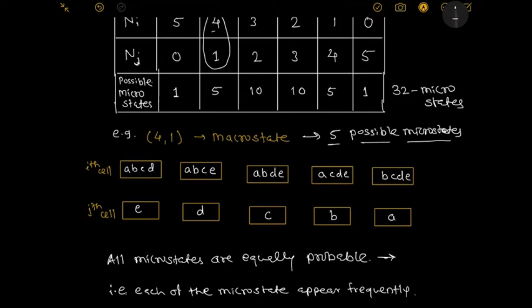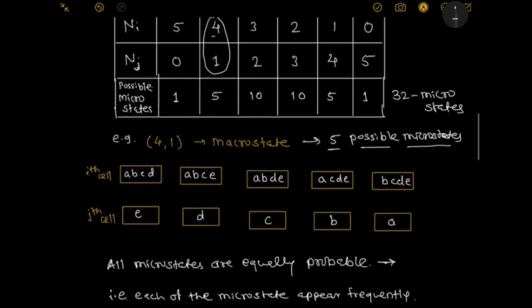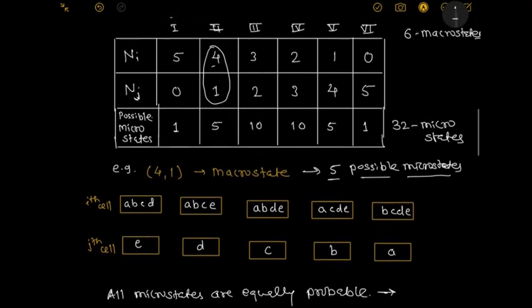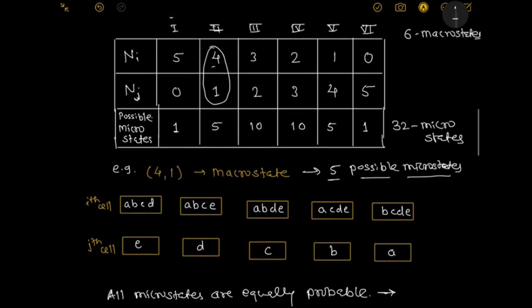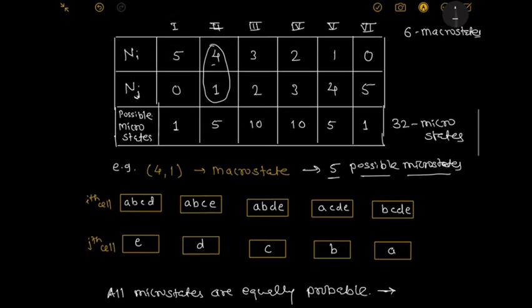Therefore, the a priori probability for macrostate 5 0 is 1 by 32. Similarly, for the sixth macrostate 0 5, there is again one possible microstate. Hence, the a priori probability is 1 divided by the total number of microstates 32.